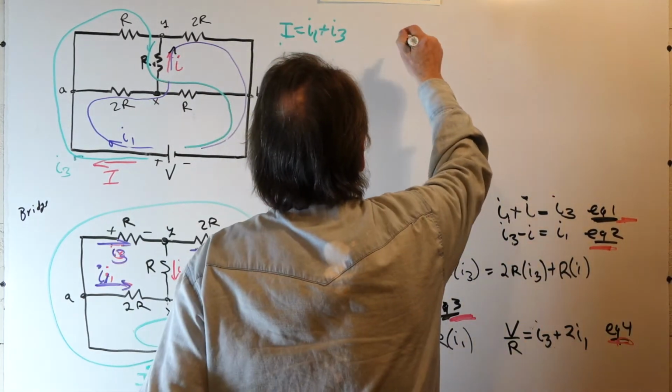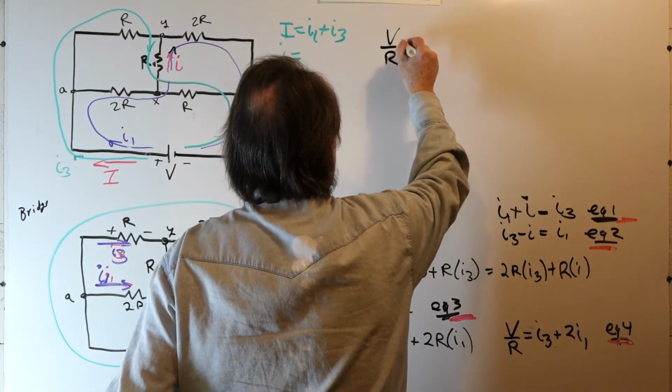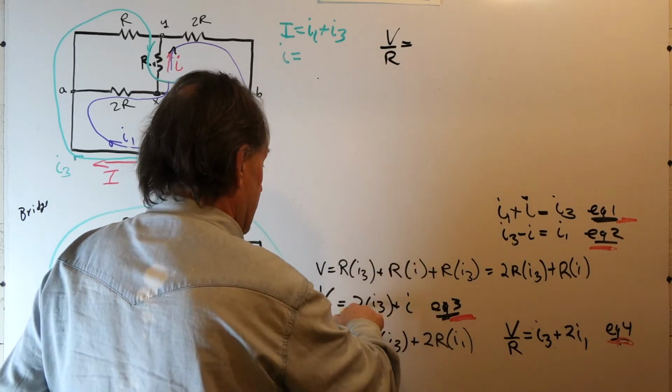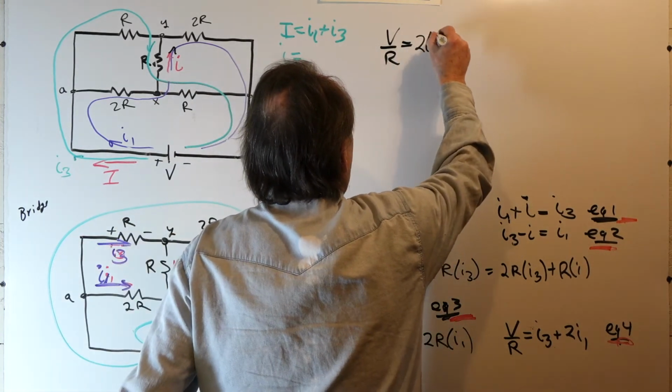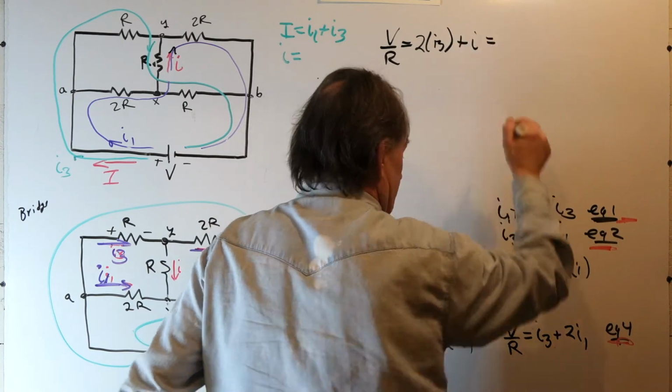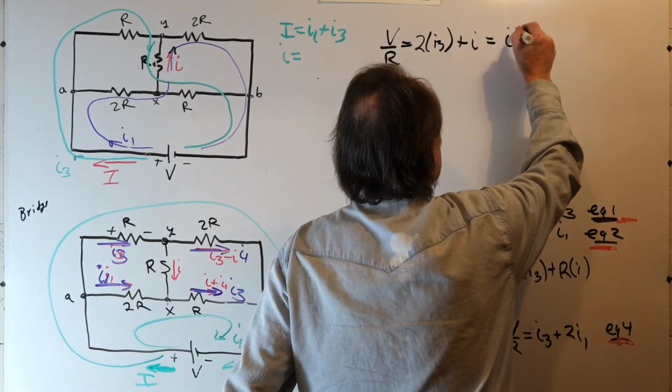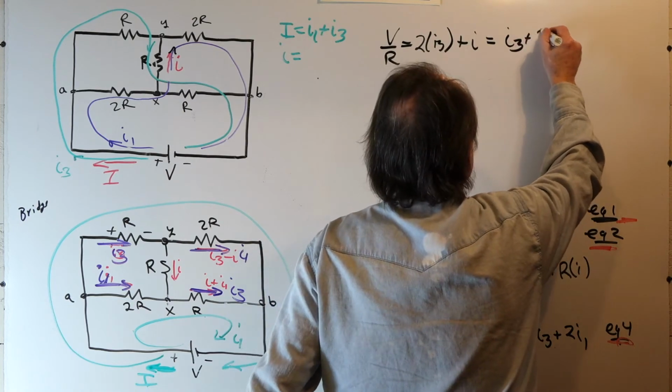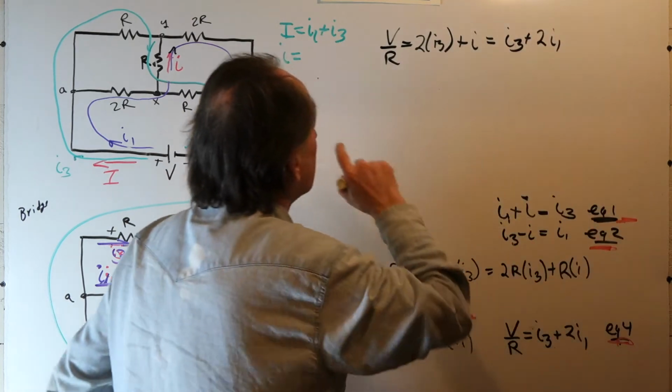So we have V over R: equation 3 is 2I3 plus I, and that is equal to equation 4, which is I3 plus 2I1.